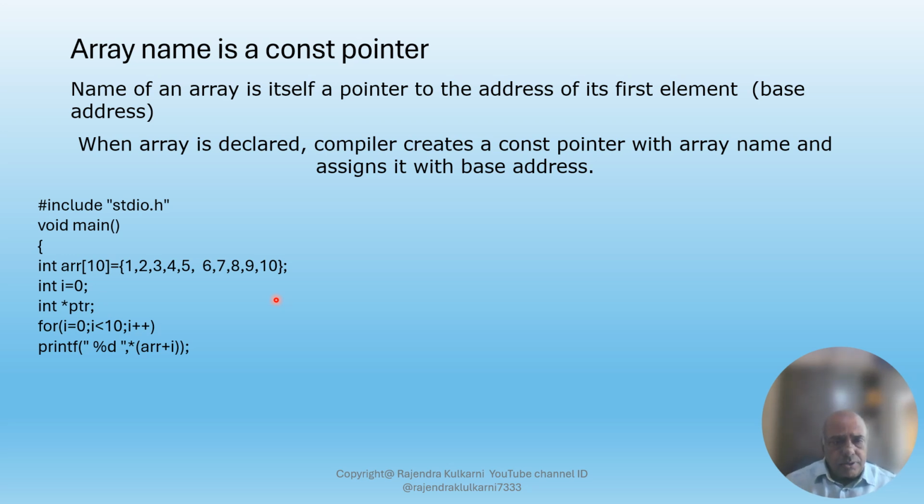Now what we are going to do through this for loop, for i equal to 0, i less than 10, i plus plus, we are trying to access the values of all the elements of the array arr by using the value-at-address operator, or indirection operator, star.